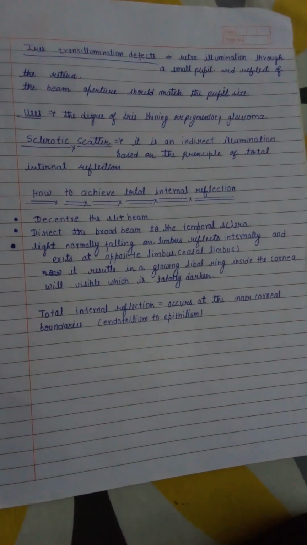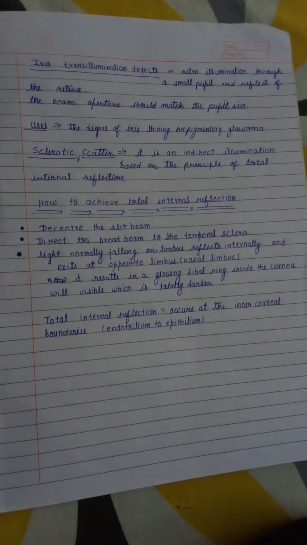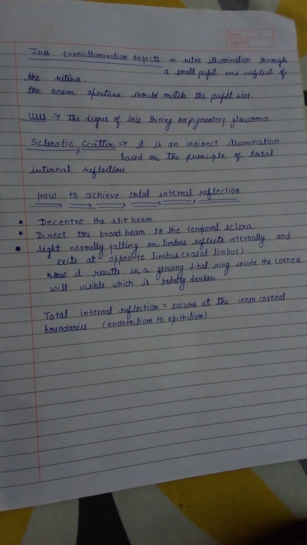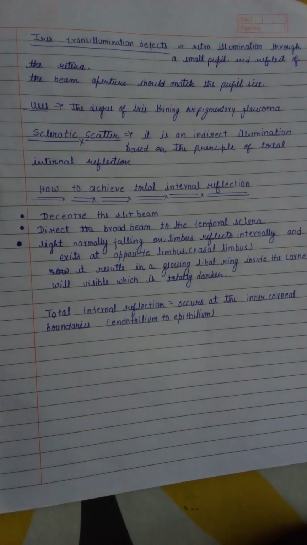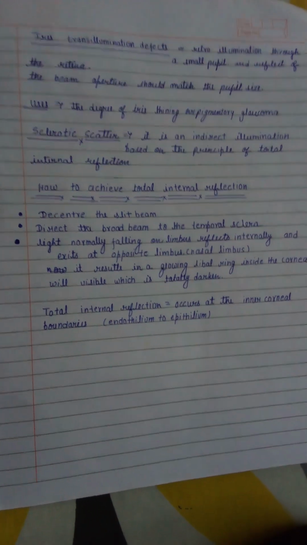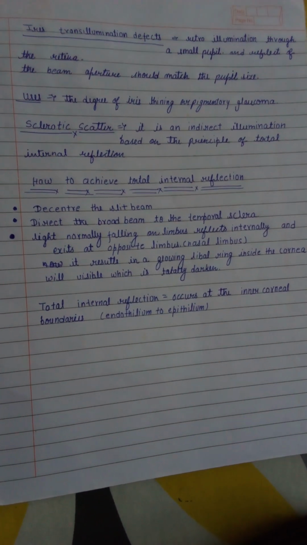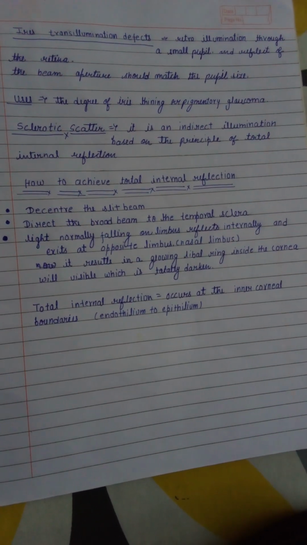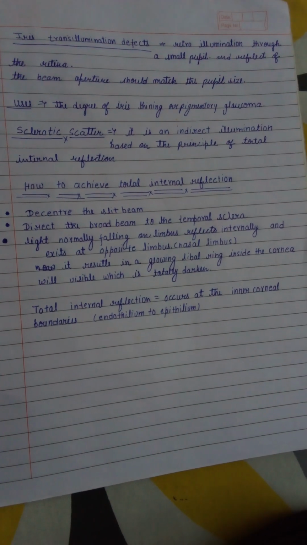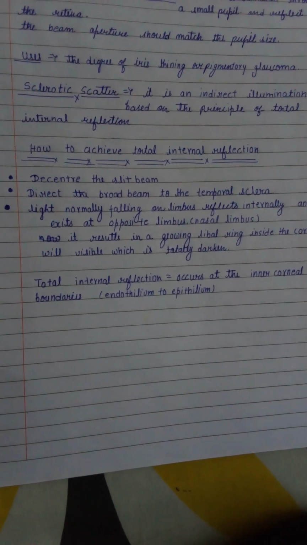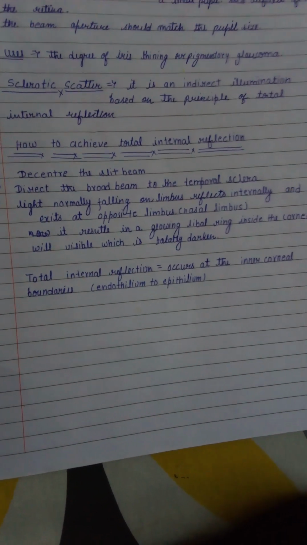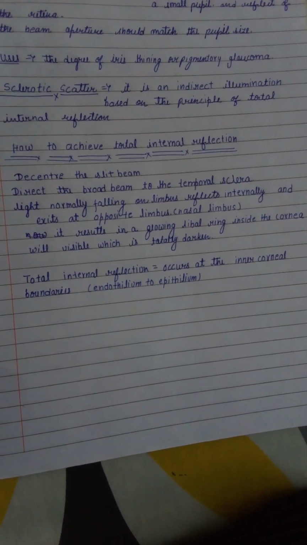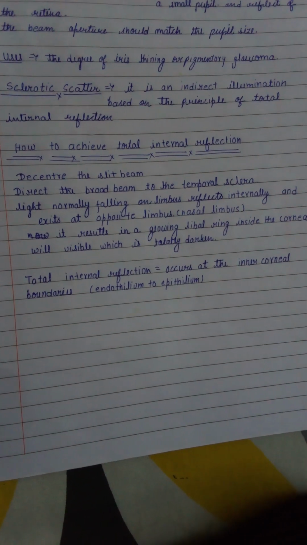Now we will discuss another illumination technique, the sclerotic scatter. It is an indirect illumination based on the principle of total internal reflection. Now we will discuss how we can achieve total internal reflection. We decenter the slit beam and direct the broad beam to the temporal sclera, as near as possible to the limbus.